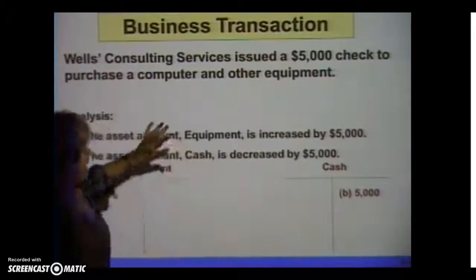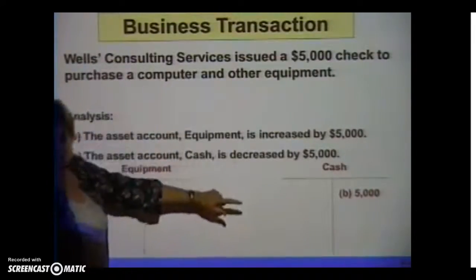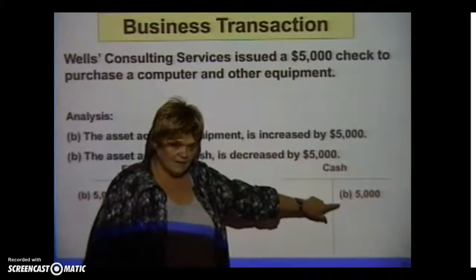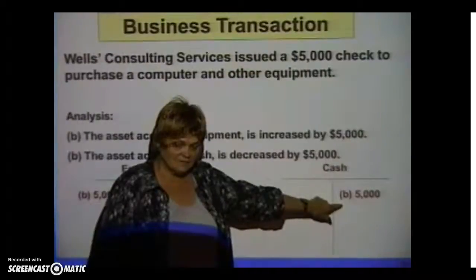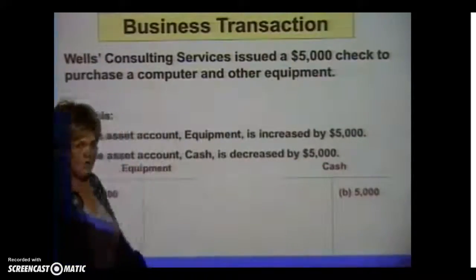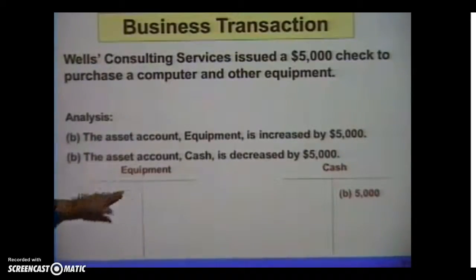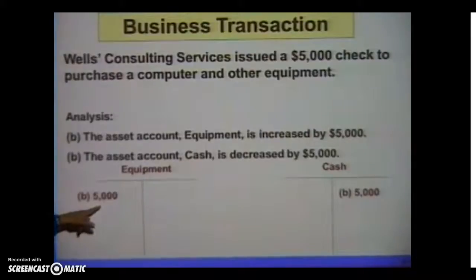So if cash went down, which it did, and it's an asset account, so it is reduced on the right side, then what went up? Equipment. Another asset account, and asset accounts are increased on the left. Okay.